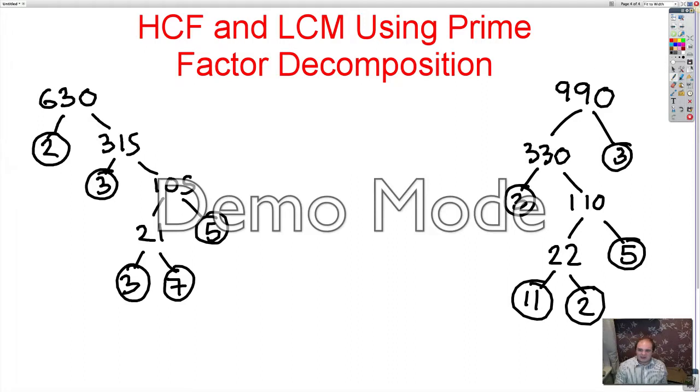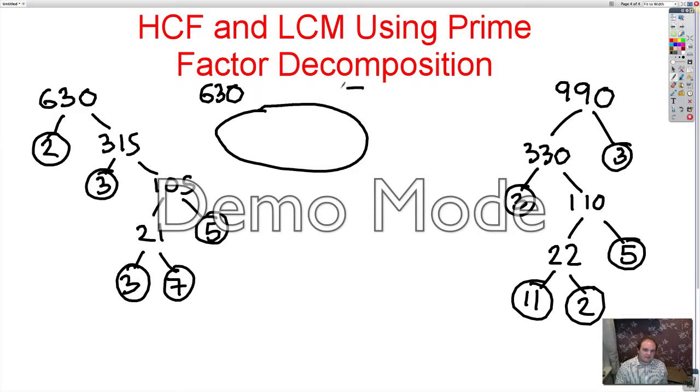So what we're going to say now, and this is sort of the key part to this, if I make 2 circles that overlap, this is called a Venn diagram. I'm going to have one circle, make it nice and big, to represent the prime factors of 630, and one circle overlapping to represent the prime factors of 990.